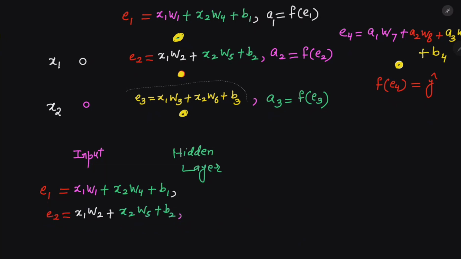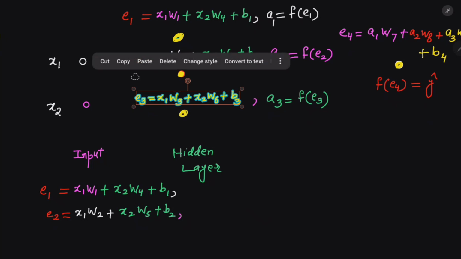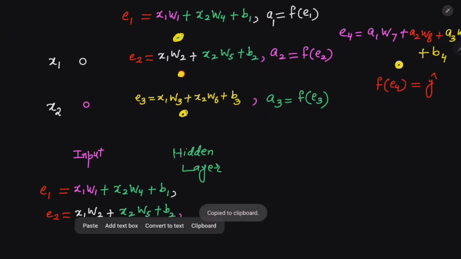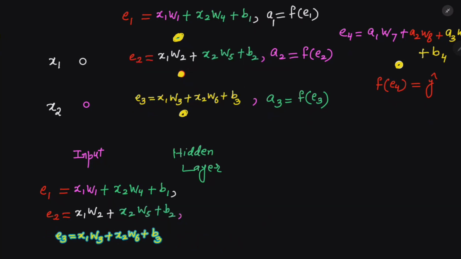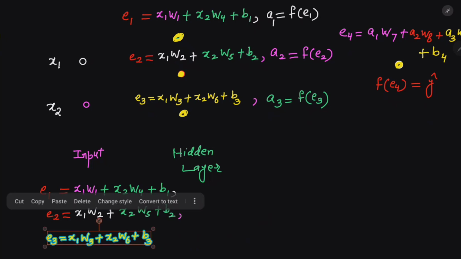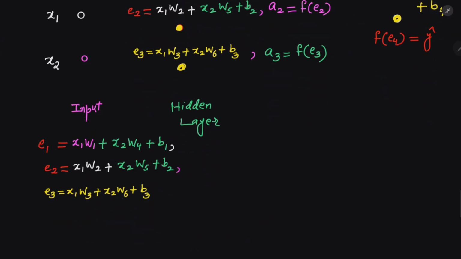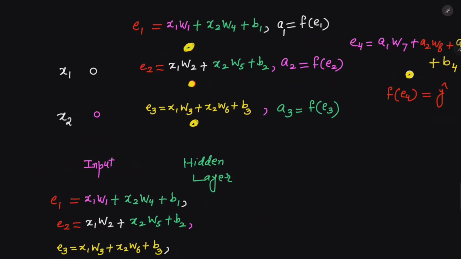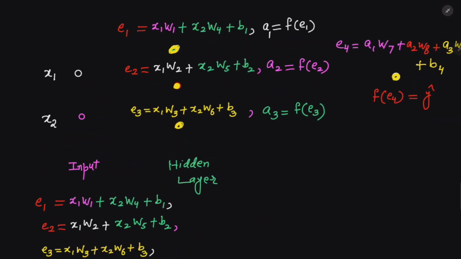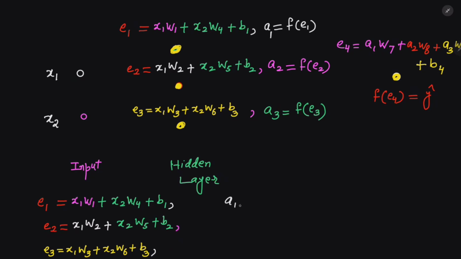Then we have E3. This is E3. Okay, so that's what we have as a summation. Then after applying the activation function, A1 will be equal to f of E1, A2 will be equal to f of E2, then we have A3 equal to f of E3.